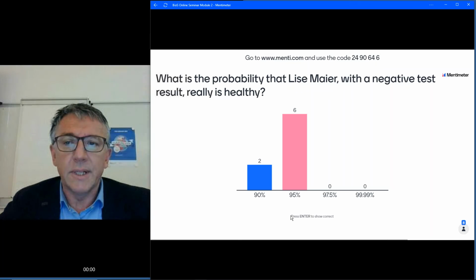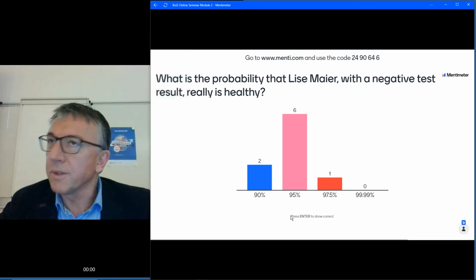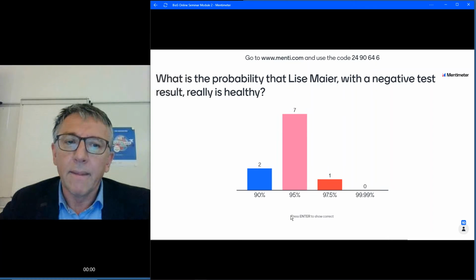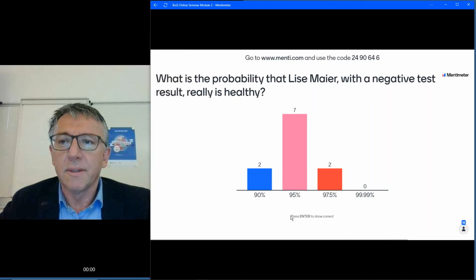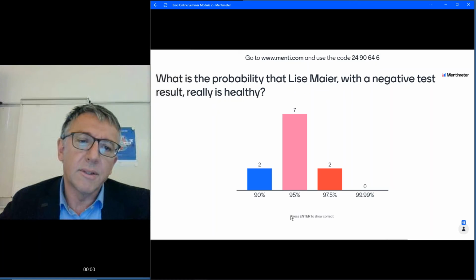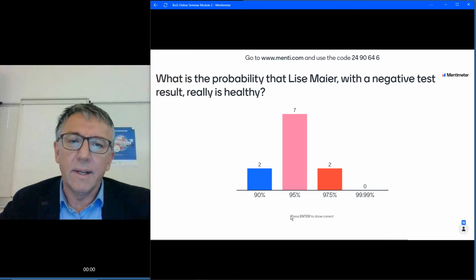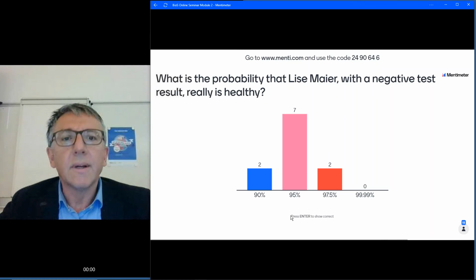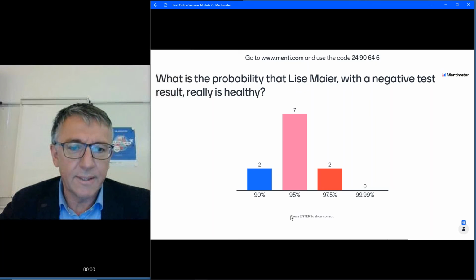So before the test, the probability of Ms. Meyer to be healthy was 80%. And after the test, the probability that she is healthy should be increased. The question is only how sure can we be that she is healthy? And the correct answer is, as most of you have found out, 95%.